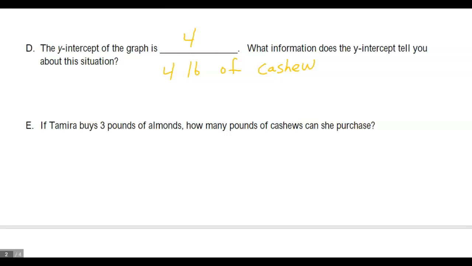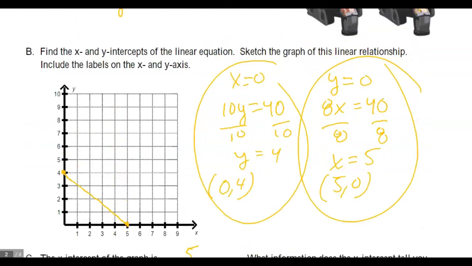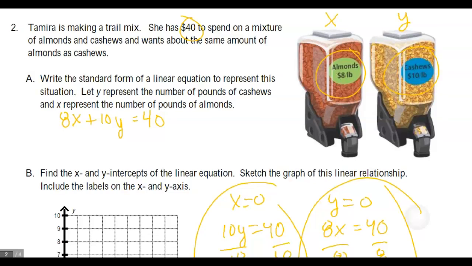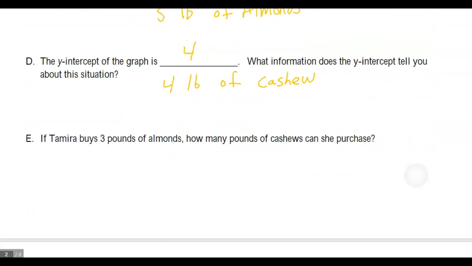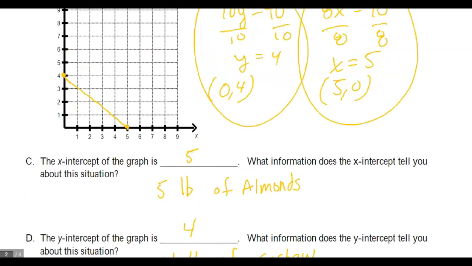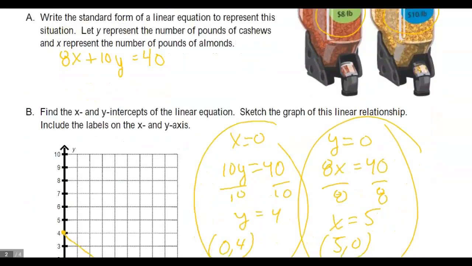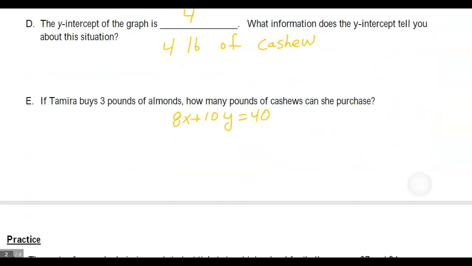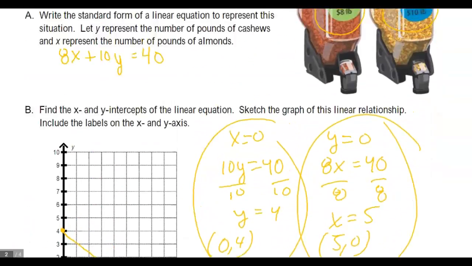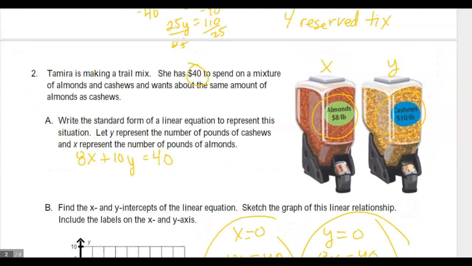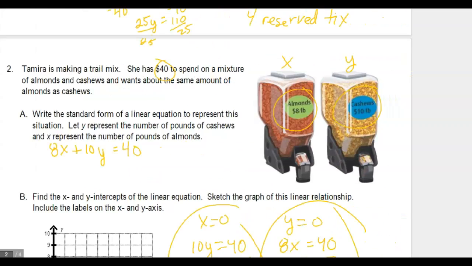It says if she buys 3 pounds of almonds, how many pounds of cashews can she purchase? So scroll back up here. 8x plus 10y equals 40. And it said that we bought 3 pounds of almonds. Almonds is our x.